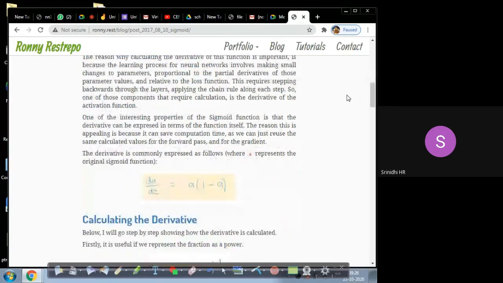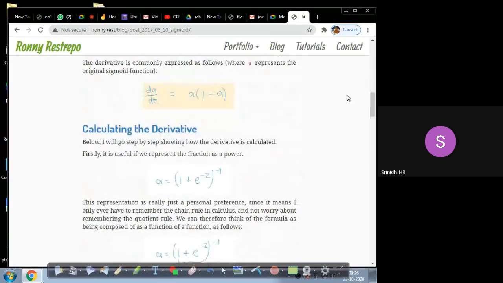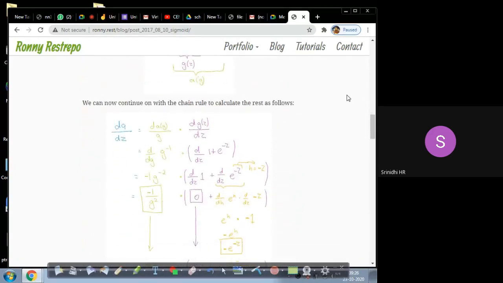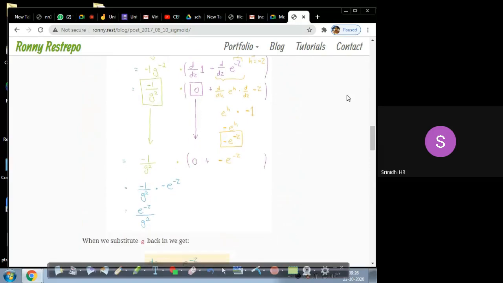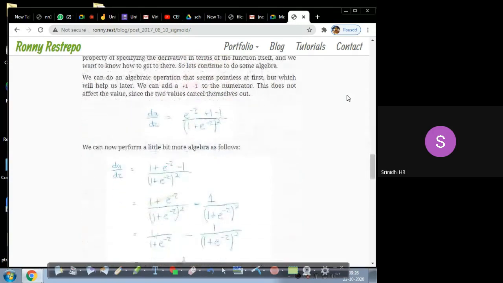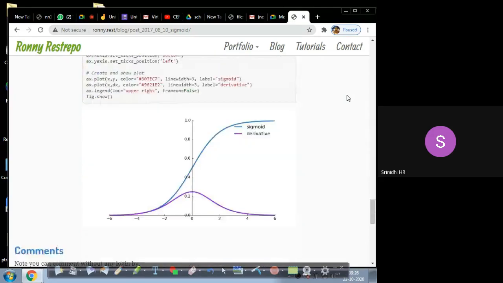How has this particular derivation been obtained? You can go through the website. He has given the derivation and the steps. Those who are interested to know more about the derivation can go through this blog. I'll be sharing the link.